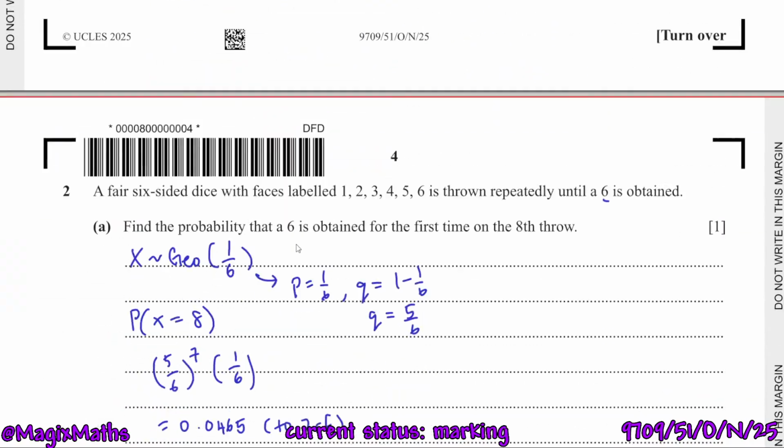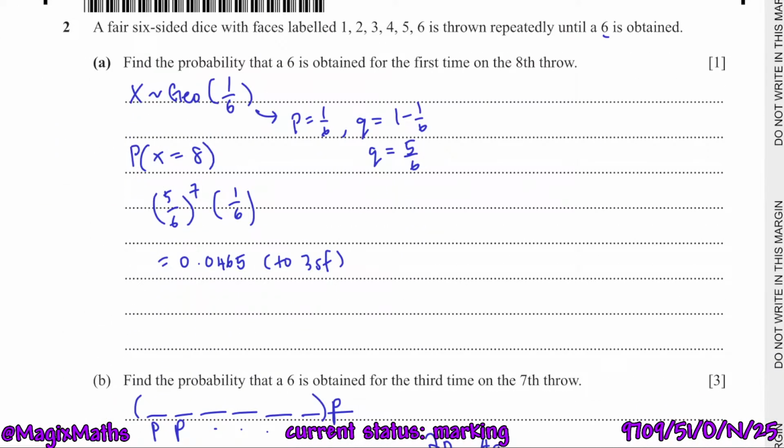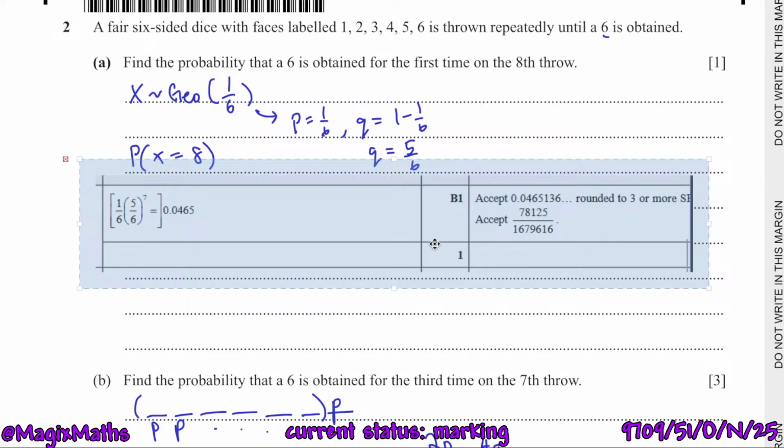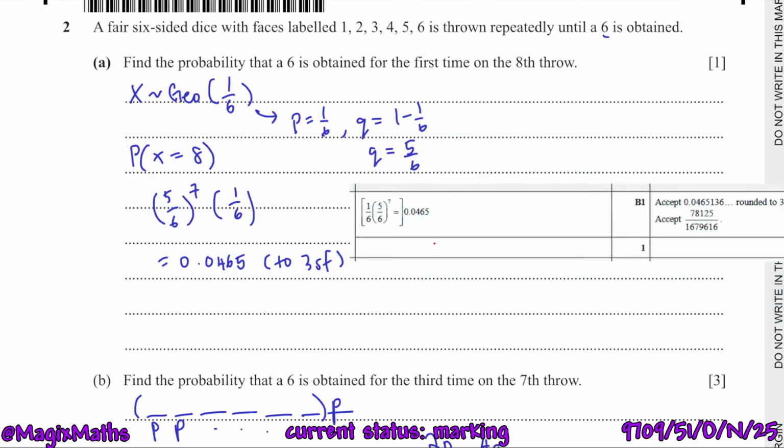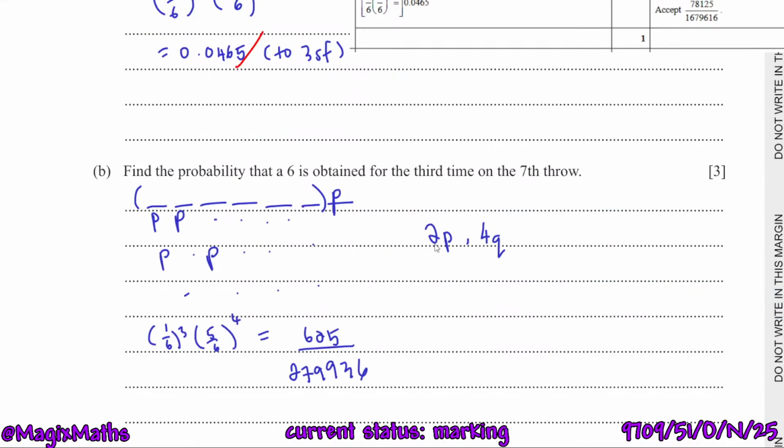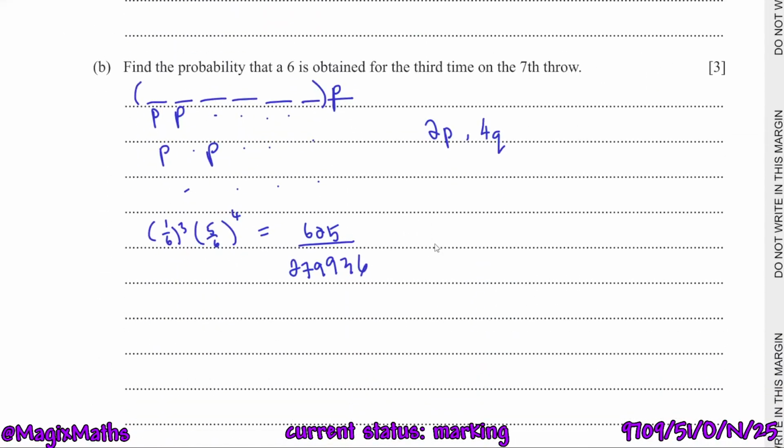Okay, next question. 6-sided die. Yep, that's correct. Right, then we're gonna explore this question.